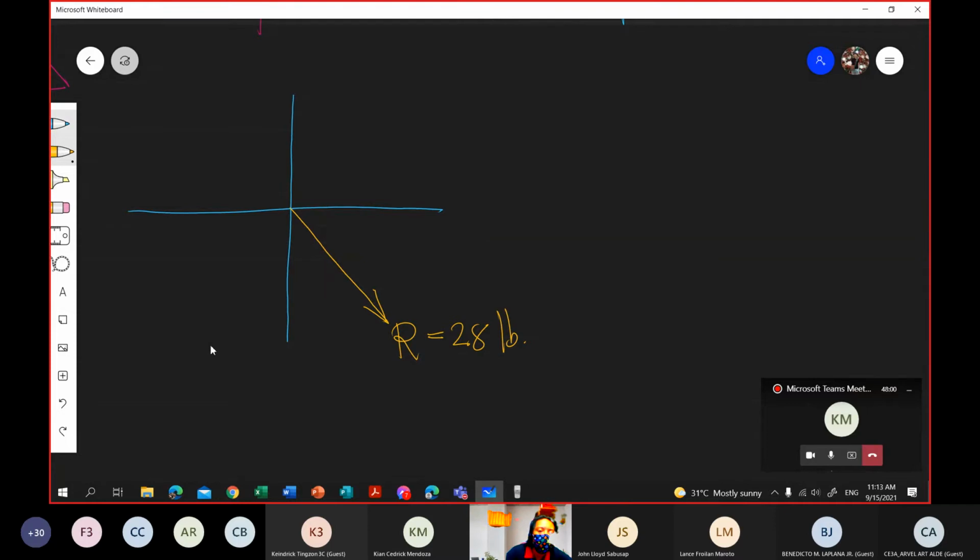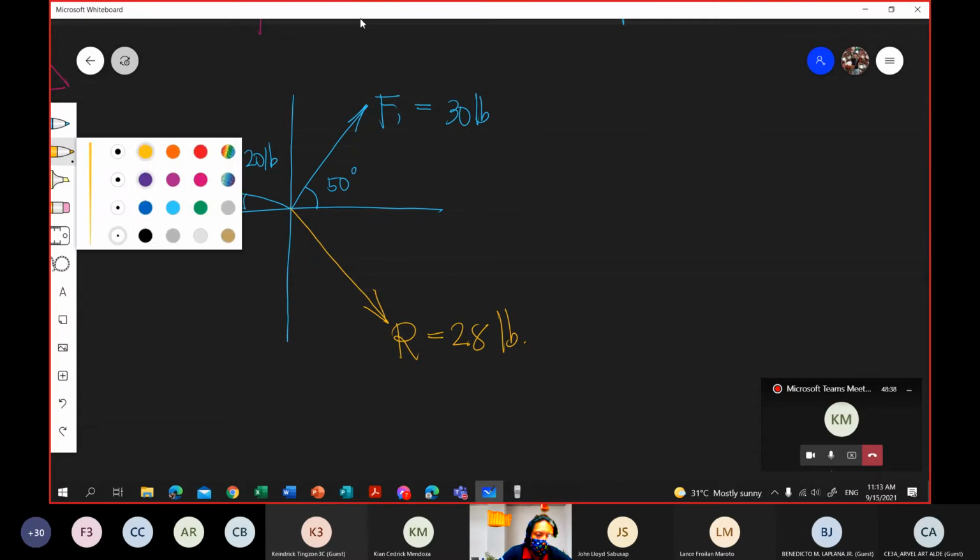And say there is a given force, let's name this F1, and this is 30 pounds, at 50 degrees. Then there is another force, F2, which is 20 pounds, and the angle it makes with the horizontal is say 15 degrees.